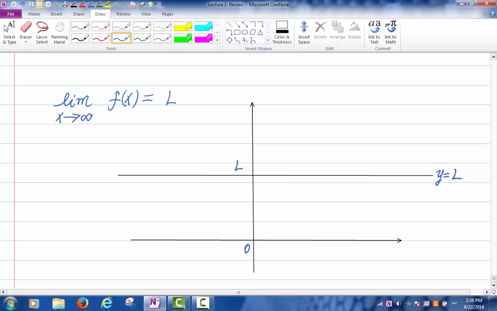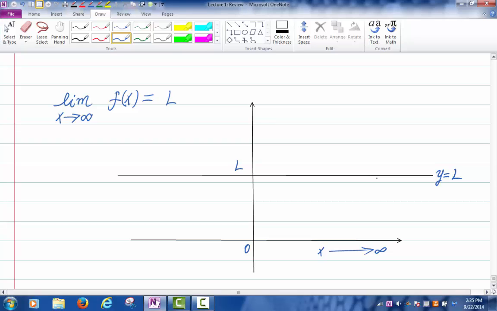In other words, as x gets bigger and bigger, the graph of the function is getting closer and closer to the horizontal line at L. Am I making sense? There are a couple of ways that can happen.